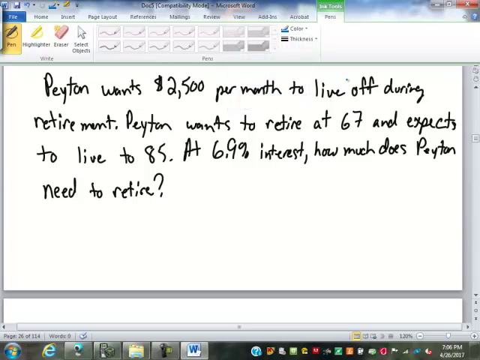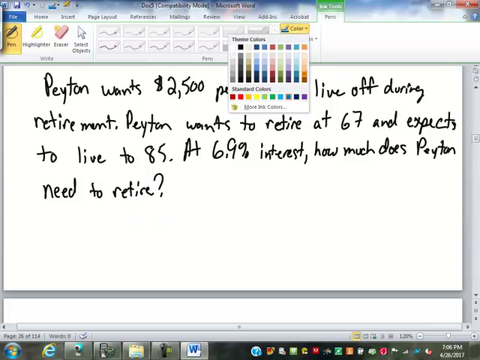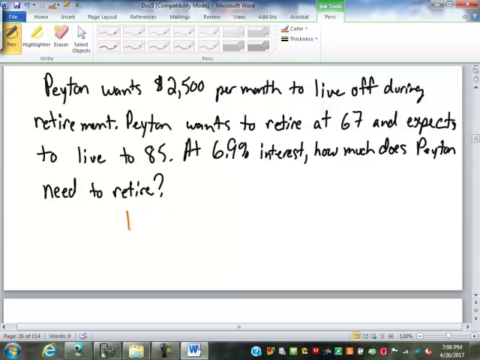So this one now, we have that present value, that lump sum. We're going down to 0.